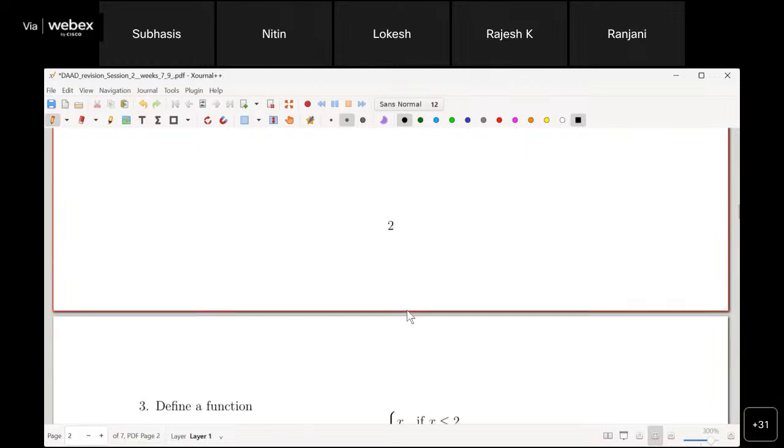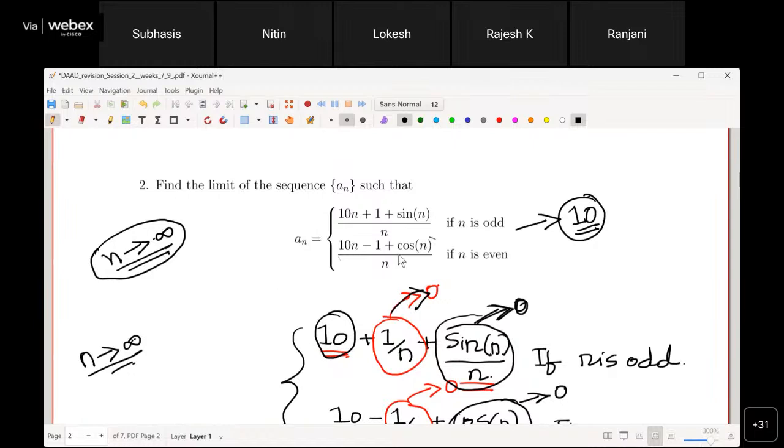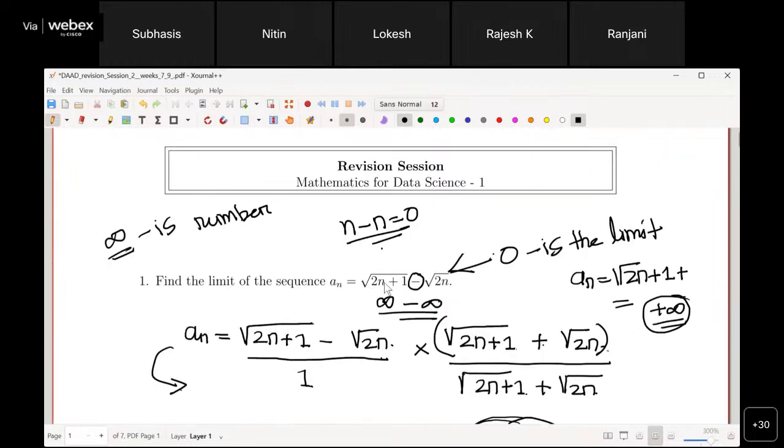But here, as you can see, this is completely different. This is a sequence. All these things are defined only for natural numbers. If you put a natural number, then only you will get some answer. Similarly here as well. As I said in the very beginning, a sequence is a function from natural numbers to real numbers.